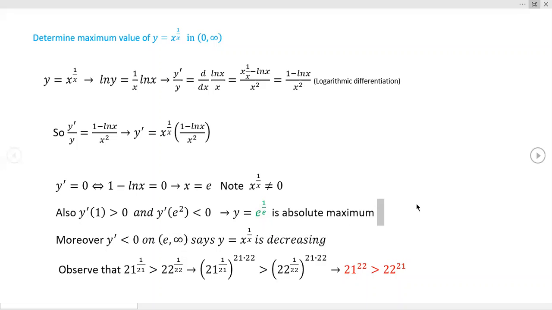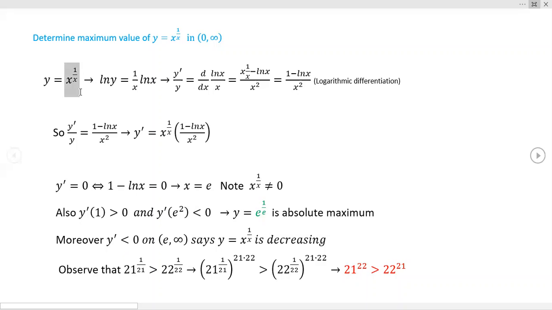Now, this is kind of the whole reason we did the video. It helps us to do interesting things like compare these two exponentials. Notice right here that if we choose 21, then 21 raised to the 1 over 21 is in this form right here, right?